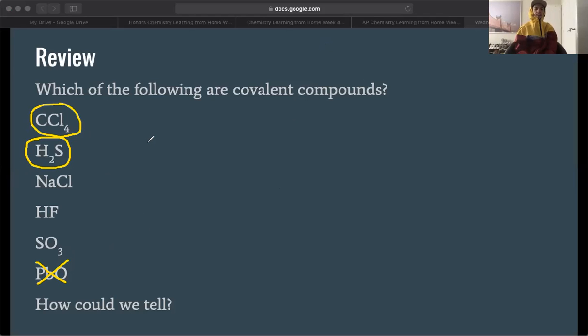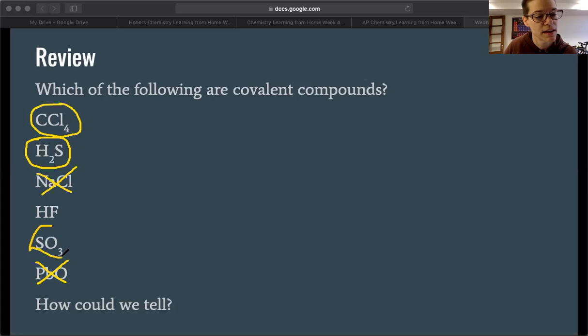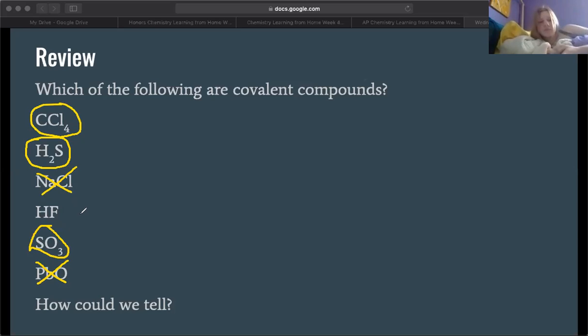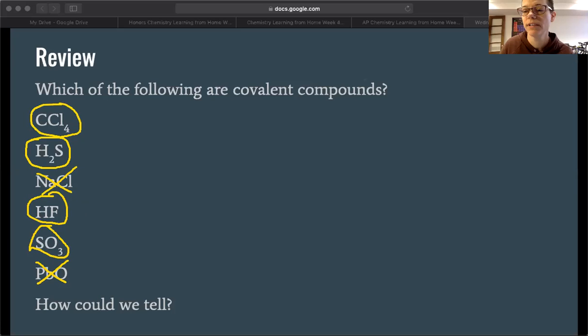The third one is not. It's SO3. SO3 is one. And what about this guy? I don't think that one's one. It is, because it's hydrogen and fluorine.